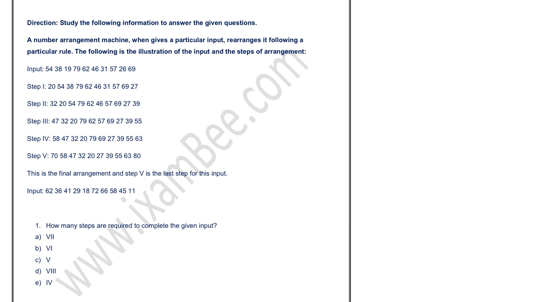So first question is from input and output, where directions are given to you. You have to decode this particular logic used in the question, and on that basis you have to apply the same to this particular input in order to find all the answers, right? So we'll try to solve each step and find out what logic is used over here.